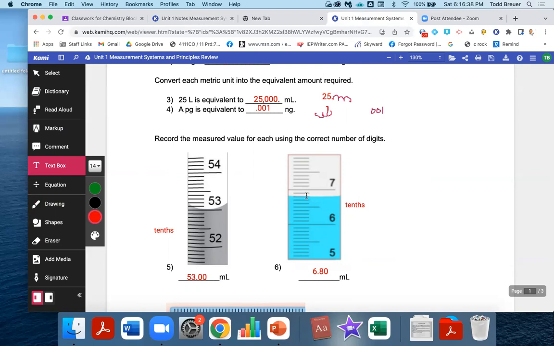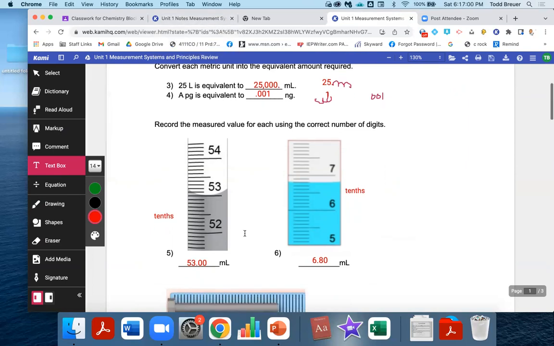I believed it was right on the 6.8 mark, so I estimated my hundredths to be a 0. If you estimated it to be 6.81, that wouldn't be wrong. You're making an estimate of the last position, and estimates are not exact, but they need to be included because we communicate how exact a measurement or a tool is.